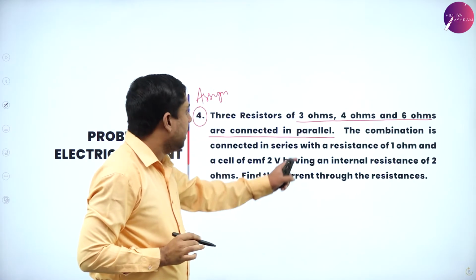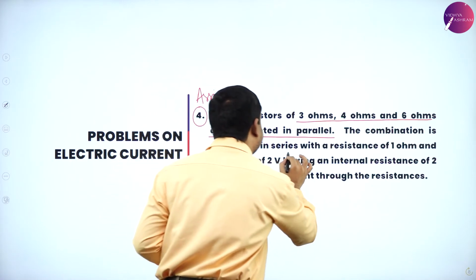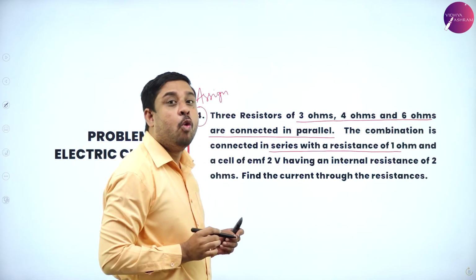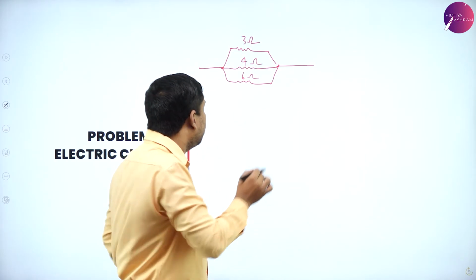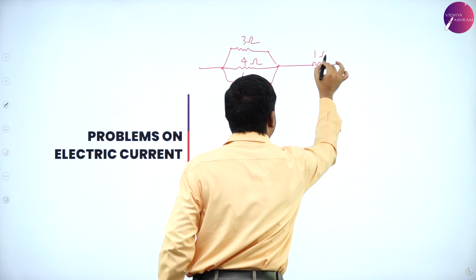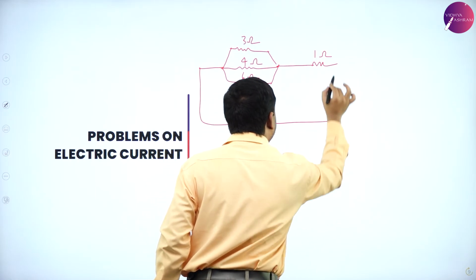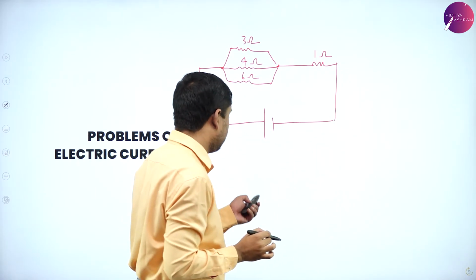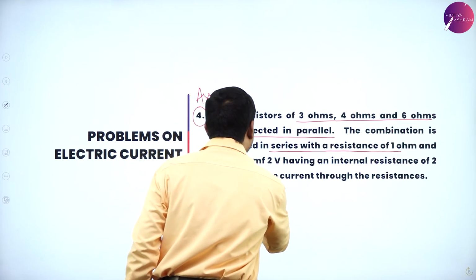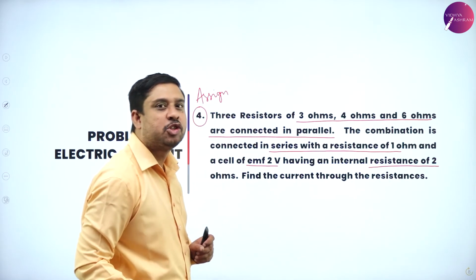Now, the combination is connected in series with a resistance of 1 ohm. Further, this is connected in series with a cell of EMF 2 volts, internal resistance 2 ohms.